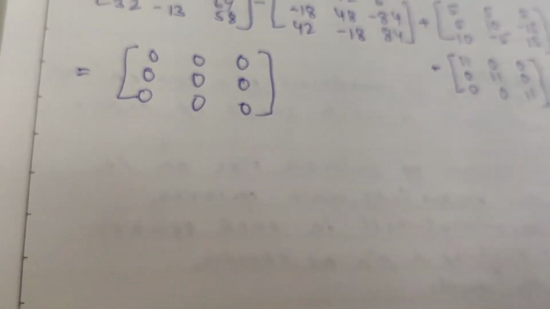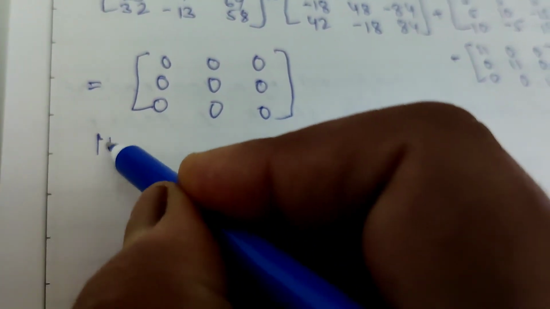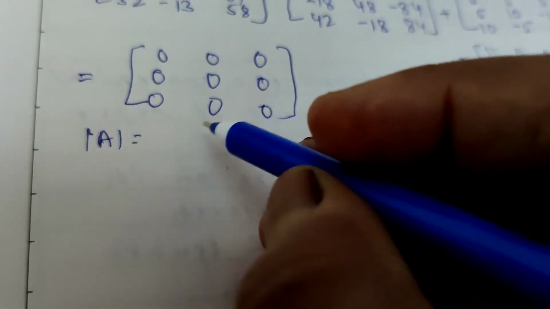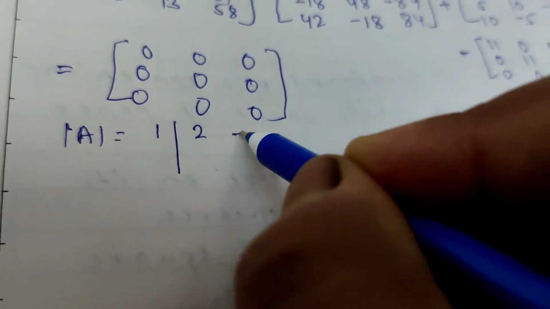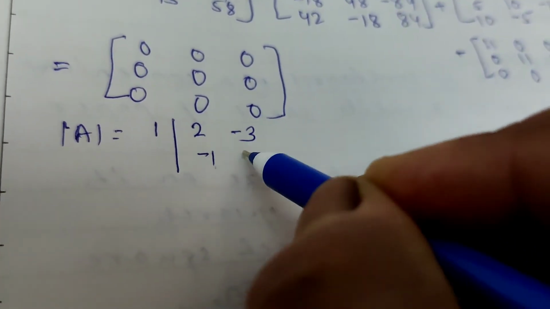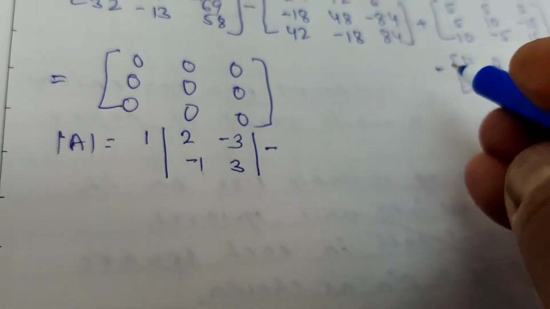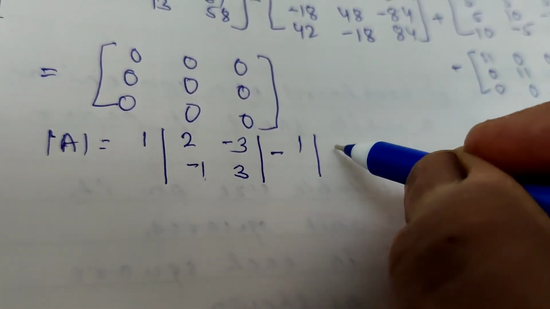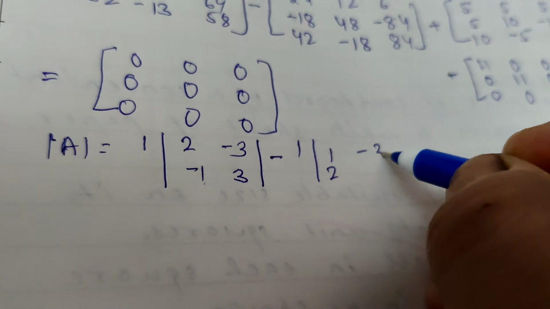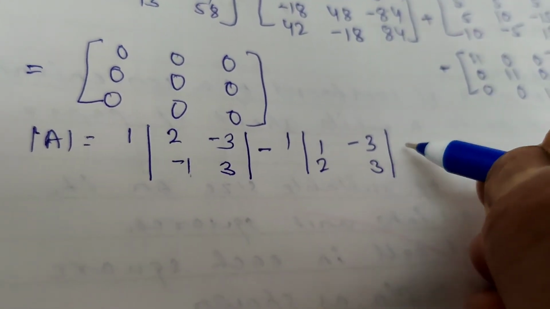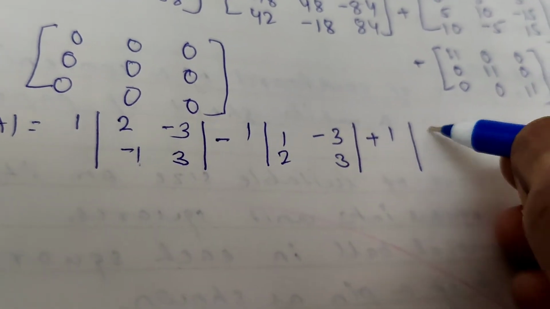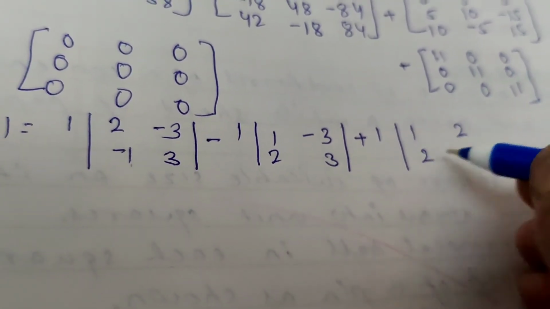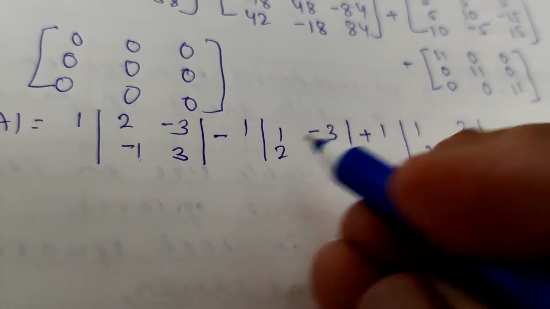And again we have to find the A inverse. For A inverse, first I have to find the determinant of A. The determinant of A is 1 into (2 into 3 minus 1 into 3), minus 1 into (3 minus 3 into 2), and plus 1 into (the next term).